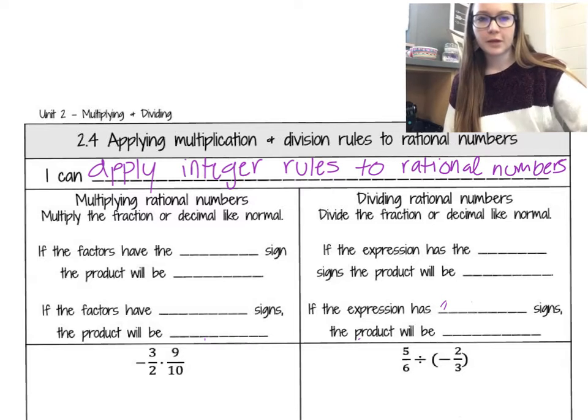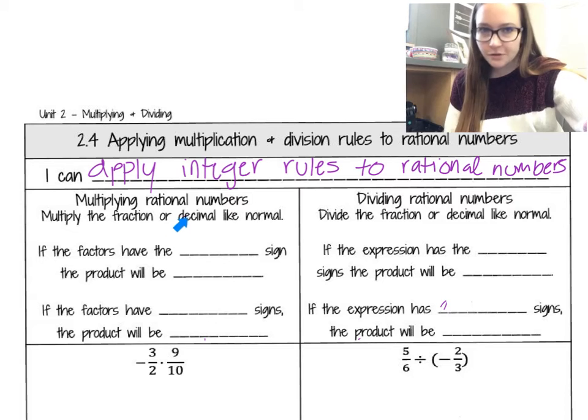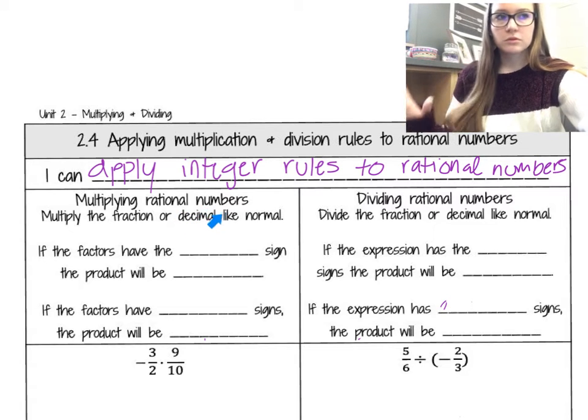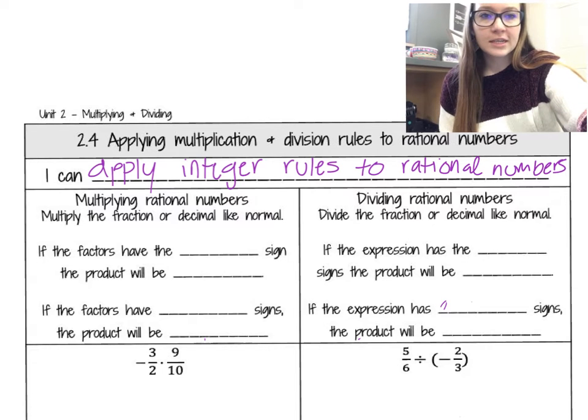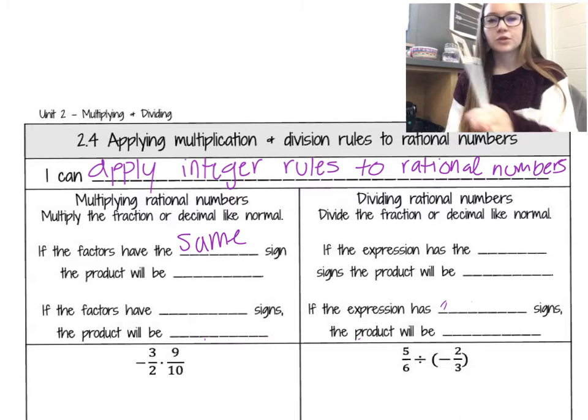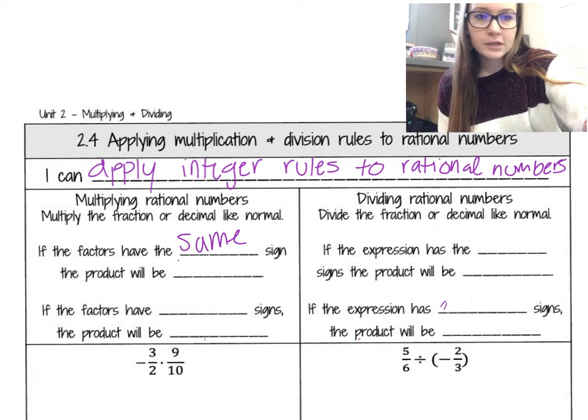So when you're multiplying, you're just going to multiply the fraction or decimal like you're supposed to. Nothing about that has changed. Then if they have the same sign, and we're multiplying two positives or two negatives, then the product will be positive.